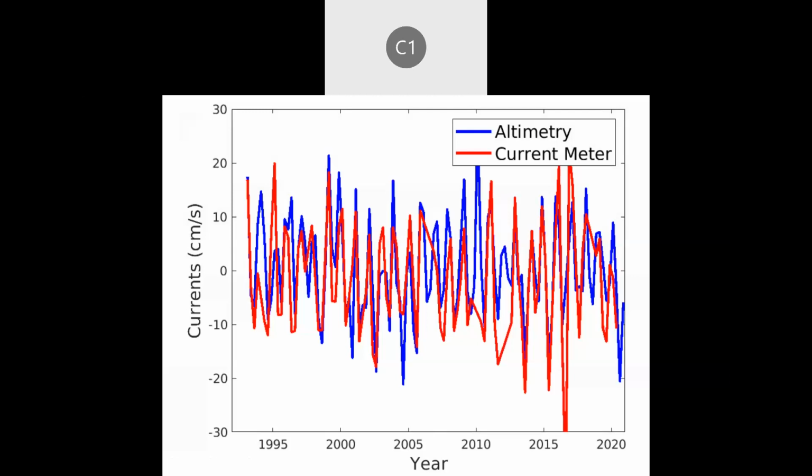If you calculate the difference between altimeter and observation versus the observed current from current meter data, you can see the ratio is actually quite small. That means the altimeter has a good skill in observing the alongshore currents.